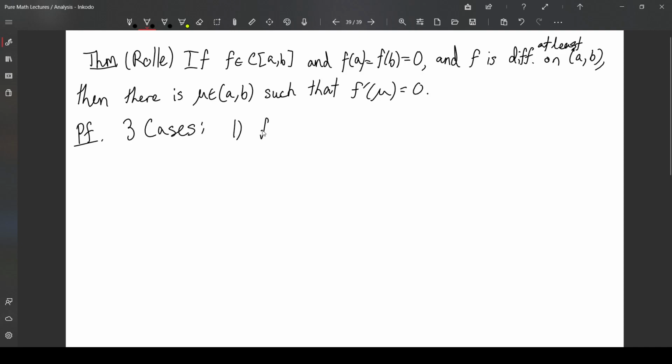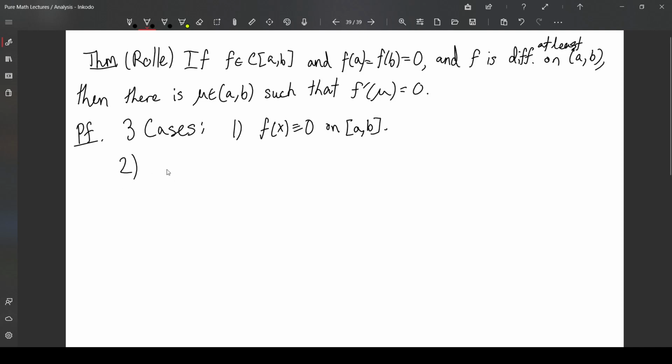One is if f of x is just equal to 0 on a b. So f is a constant function, and as you can check yourself, constant functions have a derivative of 0. So we could just take any point between a and b as mu. This is just a trivial case.